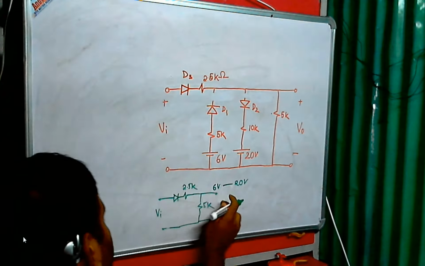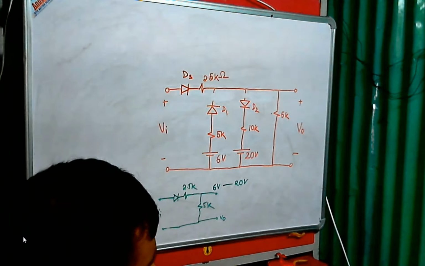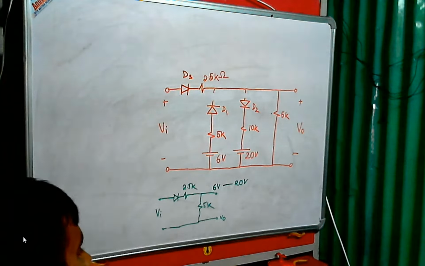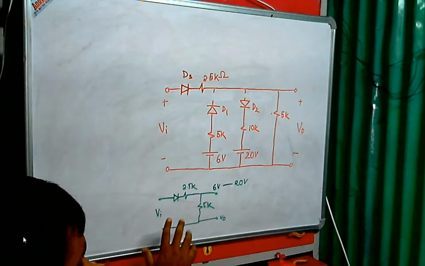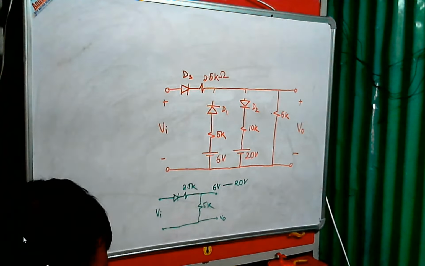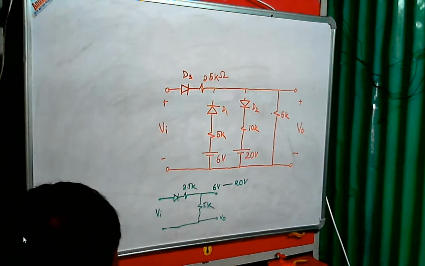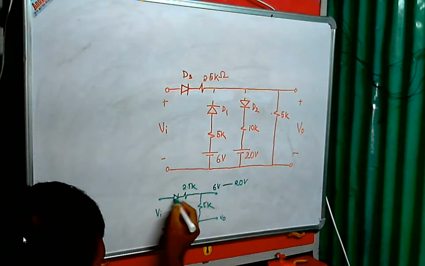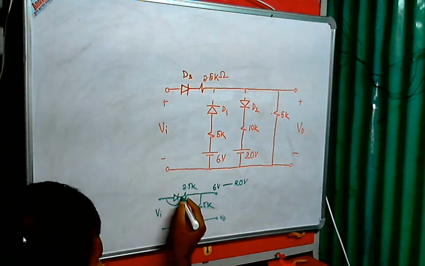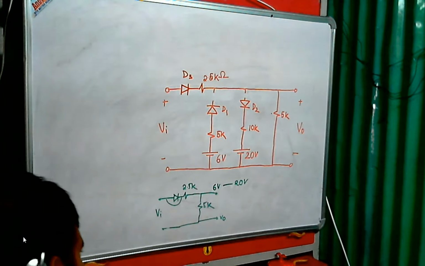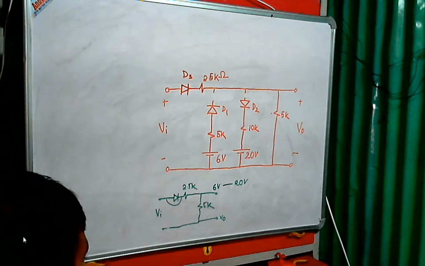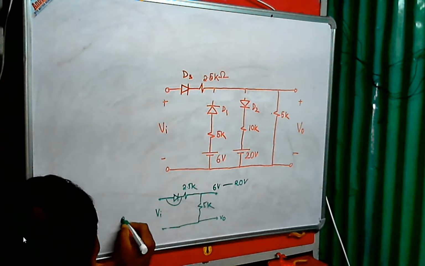So this output range is 6 volt to 20 volt. This circuit basically looks like a half wave rectifier circuit. Assuming an ideal diode, you can connect these two lines for the positive value of Vin, and according to the question, the input is varying from 0 to 50 volt.